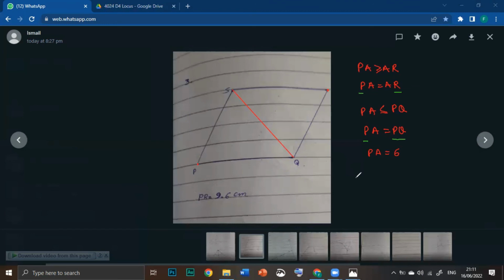Okay, sir. The distance of A from a fixed point P is 6. Sir, it could be parallel. I think no, it will be a, sorry, circle. I was confused. Yes, this one is a circle.